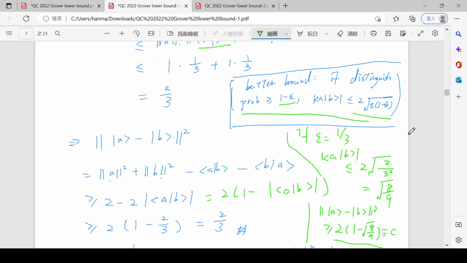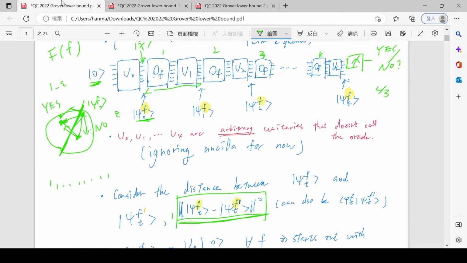Let's do a sanity check once again. If epsilon equals 0, then this is 0, which is expected. If epsilon equals 0, that means you are distinguishing the yes case and the no case perfectly, and then your states need to be orthogonal.